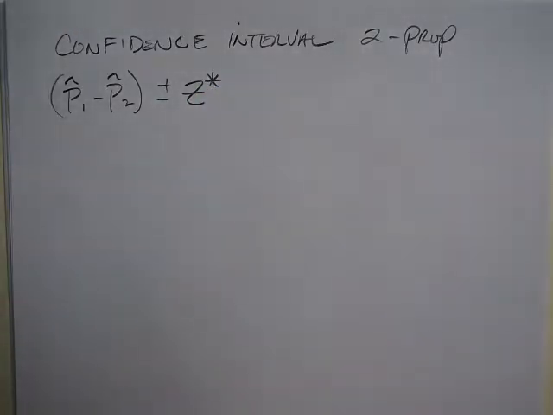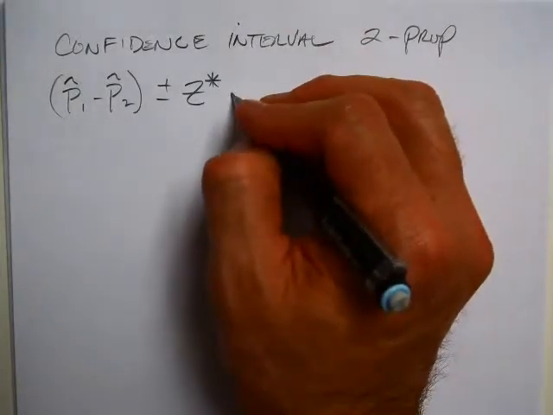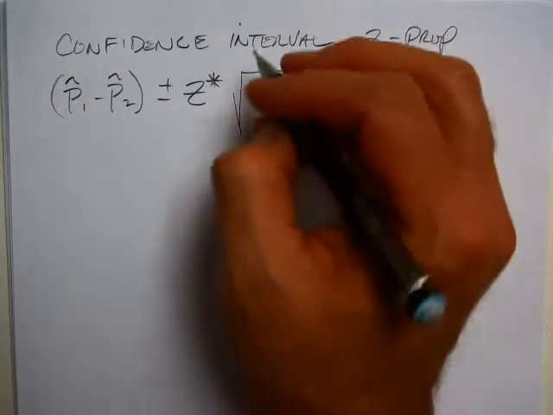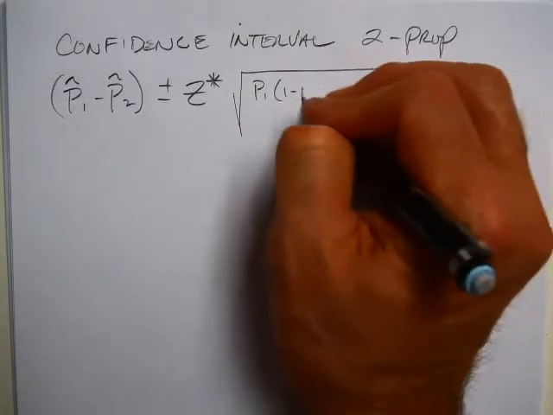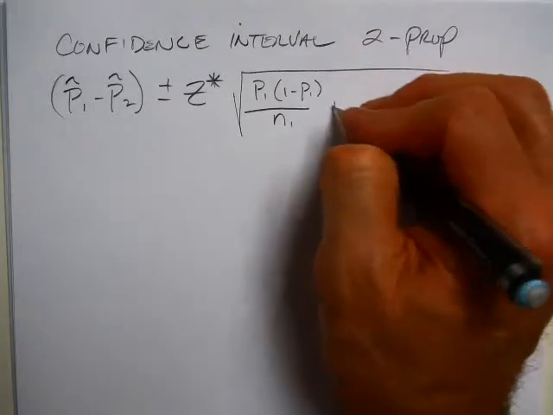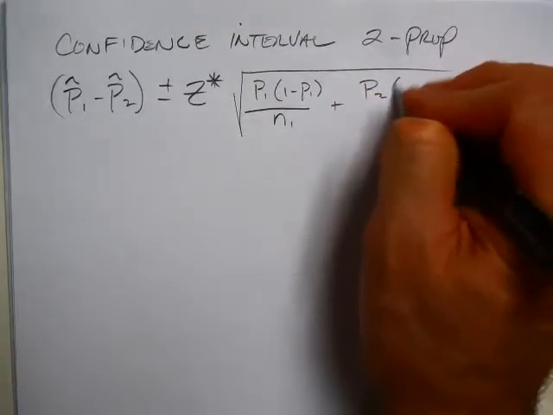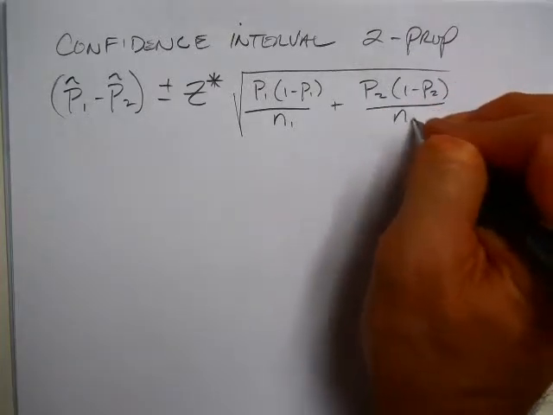Remember, with proportions we have a way to identify a normal situation, so we can pull off table A, so we don't use t's at all, times the square root of P1 times 1 minus P1 all over N1 plus P2 times 1 minus P2 over N2.